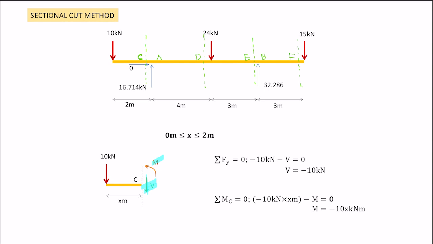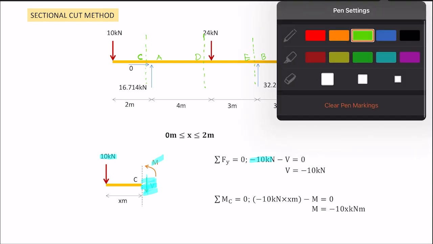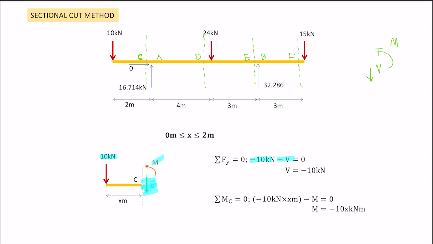So kita akan start dengan force equation. 10 kilonewton turun ke bawah, it becomes negative 10 kilonewton. Stick to V mesti going down and moment mesti counterclockwise, yeah. That is the reaction once kita cut in section. Therefore, minus V equal to 0. So, V adalah negative 10 kilonewton.